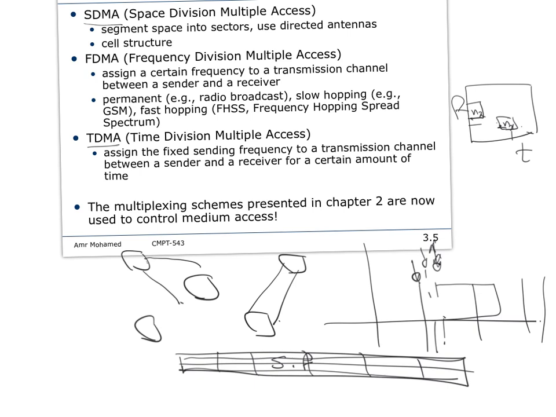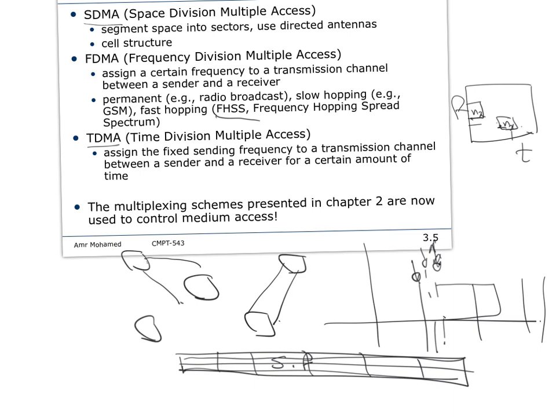There is the concept of fast hopping spread spectrum, or frequency hopping spread spectrum. This is not used for eliminating collision. This is usually used to mitigate interference, right? Yes. So for frequency hopping spread spectrum, as we said before, the interference is actually frequency selective.